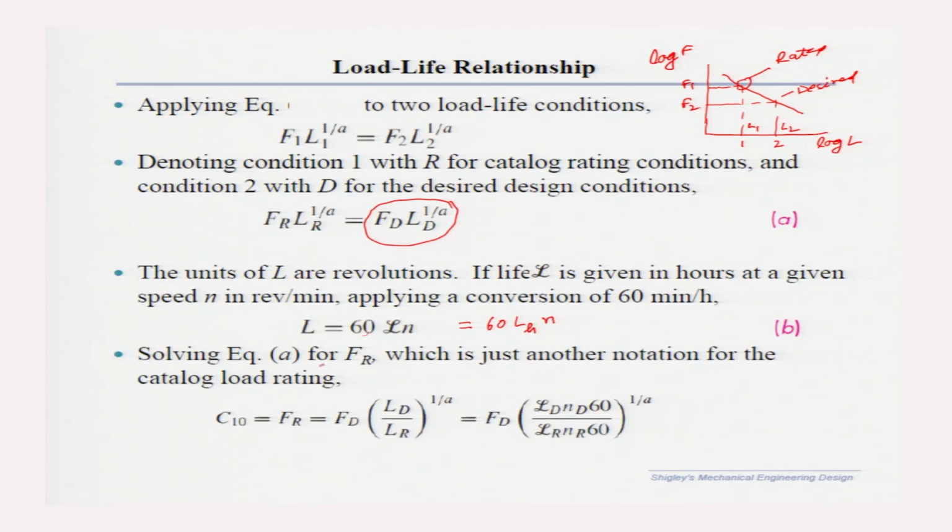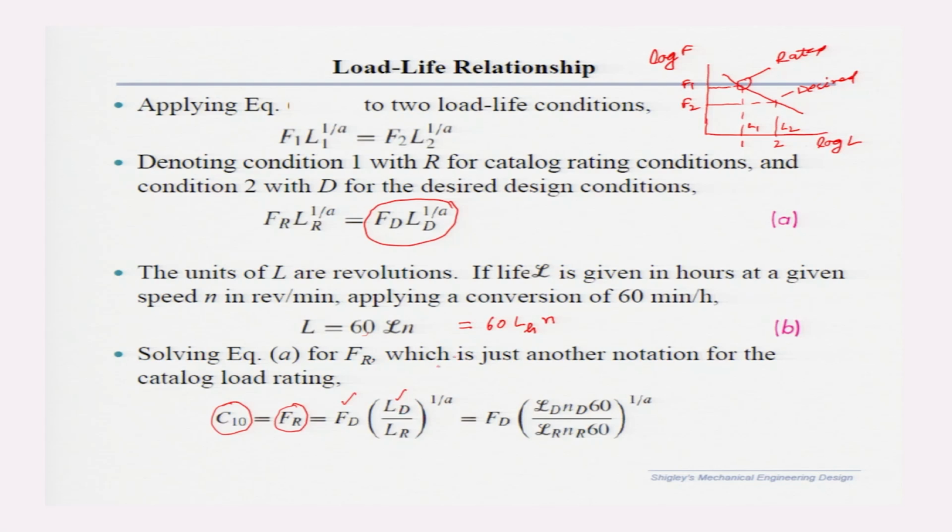Now solving equation a for FR, which is just another notation for the catalog load rating, C10 is equal to FR, the rated load. Rated load will be given by C10 is equal to FD, the desired load which you want to apply, times the desired life over the rated life, to the power 1 by a.